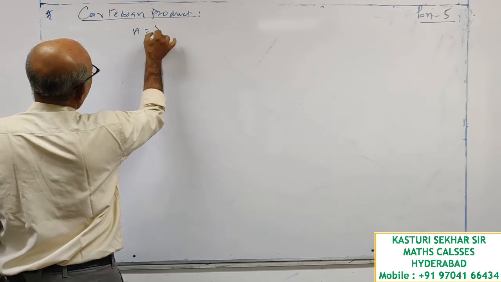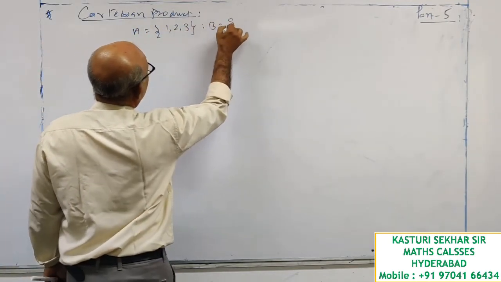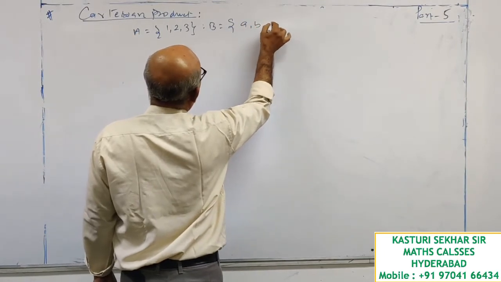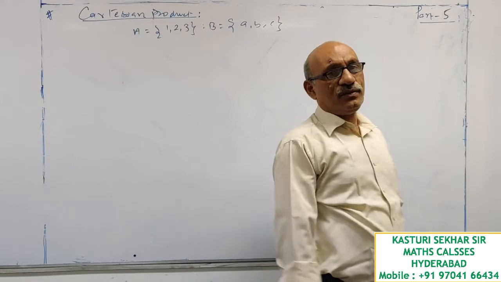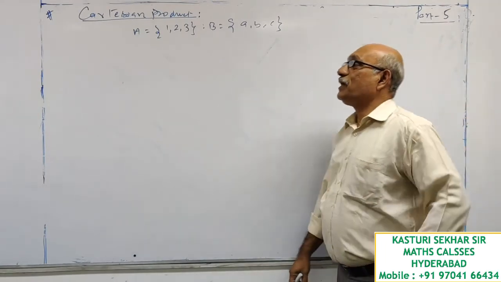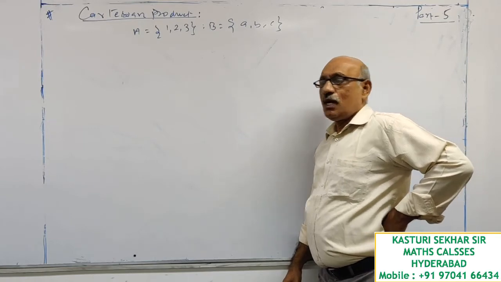Let us see, A is a set having elements 1, 2, 3. B is a set having elements a, b, c.